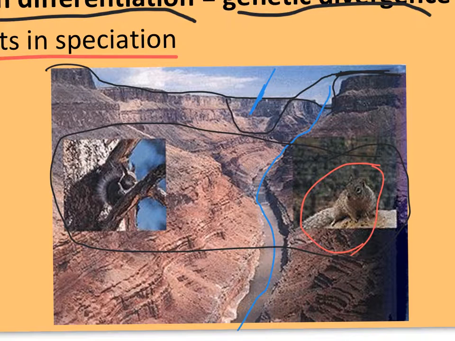It wasn't being split. So this ground squirrel was found all over the place. Then the river intervened and started cutting a new canyon, and this started splitting the population of these ground squirrels.